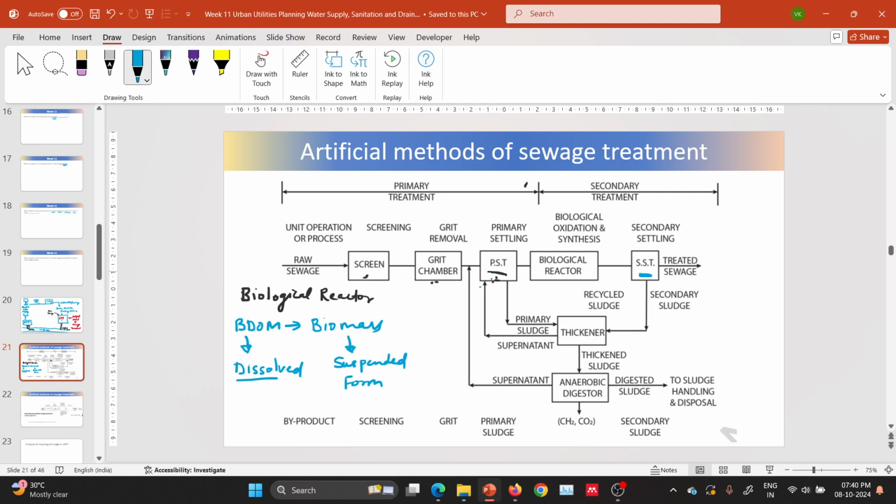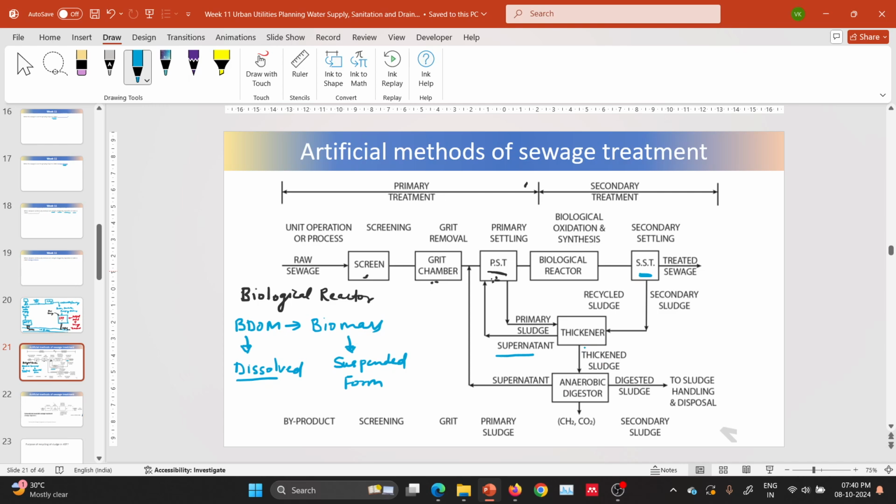That's why it is passed through PST. In PST, the suspended solids will settle, and the dissolved organic matter will pass through to the biological reactor. That's why the supernatant is passed through the PST, and then the thickened sludge is digested anaerobically.